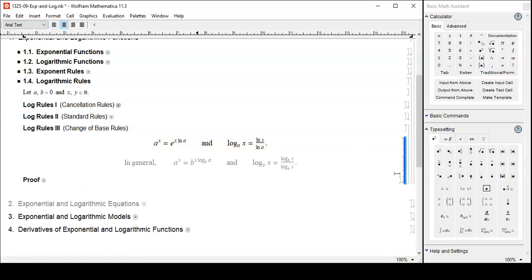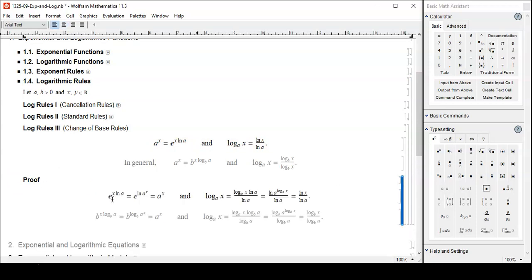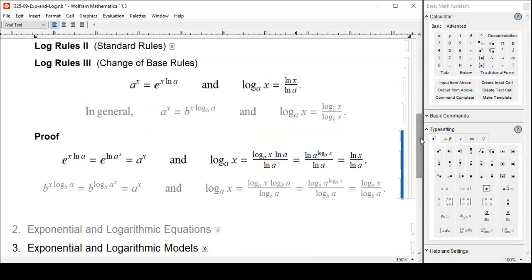The reason is kind of like this. e to the x log of a, I can get this coefficient up to the power. Get this coefficient x up to the power, and then what do you see? Exponential and log cancel each other out and we have a to the x power. That's a proof of this one. And as for this one, well, you can do it like this.